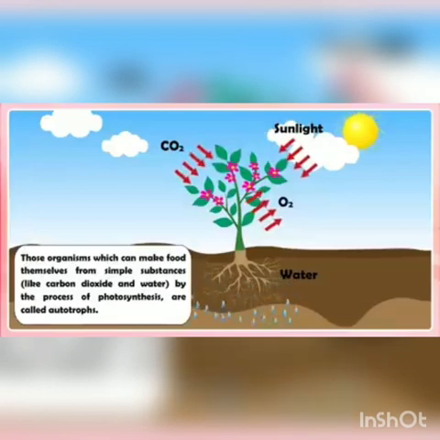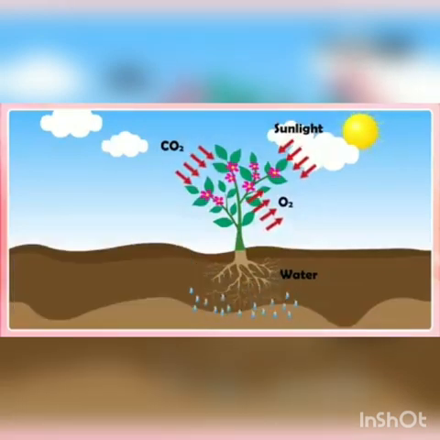Autotroph. Those organisms which can make food themselves from simple substances like carbon dioxide and water by the process of photosynthesis are called autotrophs, and their mode of nutrition is called autotrophic. For example, green plants. Heterotroph.